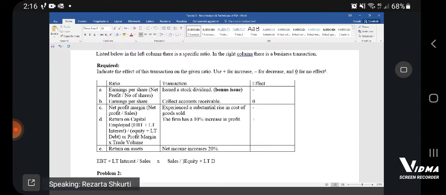Okay. So mathematically, that is not difficult. Sales to sales are out of the equation, and what we are left with is earning before taxes plus long-term interest divided by equity plus long-term debt. Okay? So this is the basic formula.